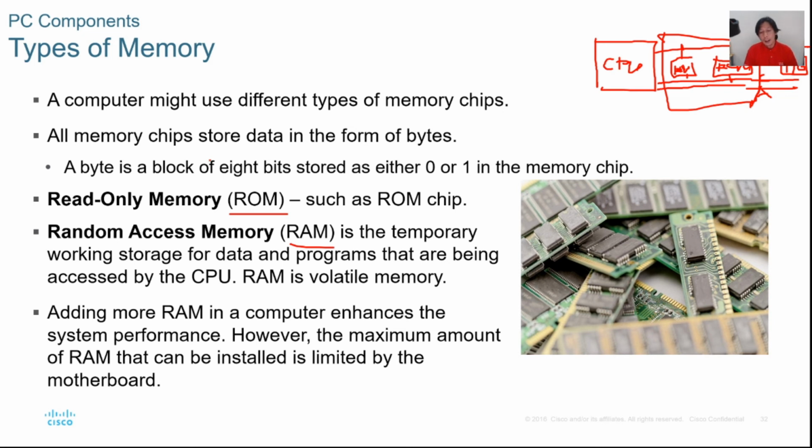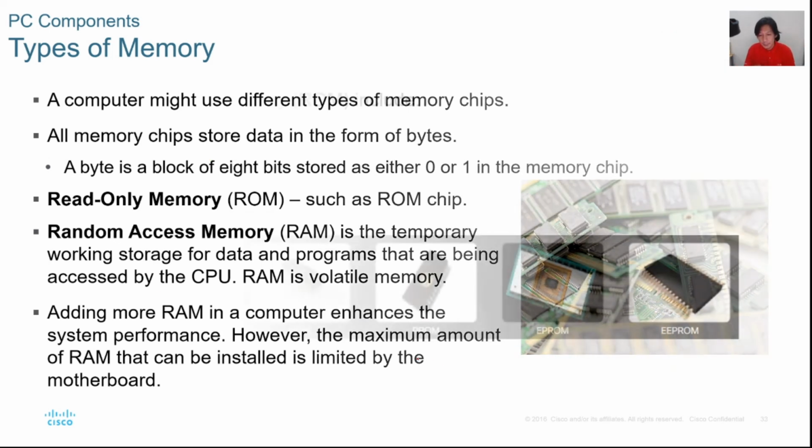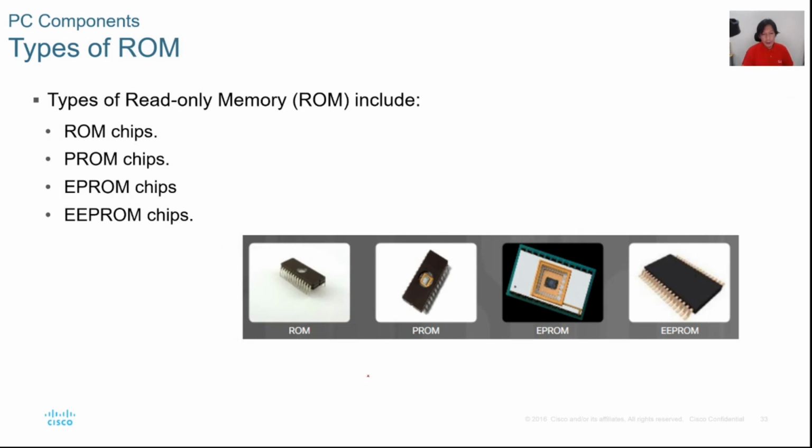Adding more RAM to our computer enhances the performance of our computer system. However, the maximum amount of RAM that can be installed is limited by the motherboard, because we need to check how many physical RAM slots you have, or what capacity of RAM you can have. Later we will show you what static random access memory and dynamic random access memory are. Let's go with the ROM first.